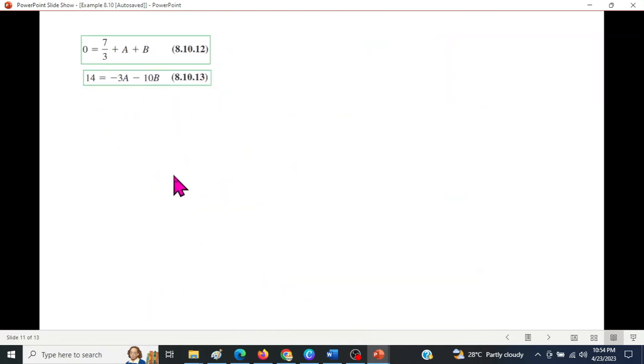Okay, so solving, I hope you can find. One technique would be that you multiply this one by 10, and add. So 10B gets cancelled. Find value of A from solving, and then putting value of A, you can find B. So just try it. You will get answer A is equal to negative 4/3 and B is equal to negative 1.